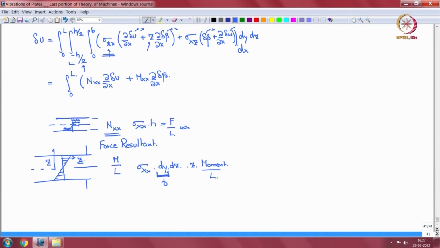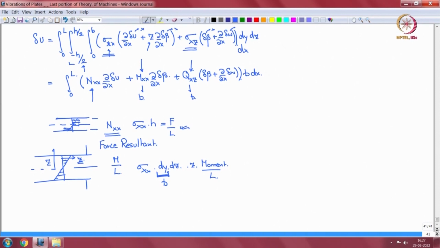It will be clear in just a moment. Similarly, the sigma xz integrated gives me qxz delta beta plus del x delta w. And the b comes outside, b dx. So mxx into b is a full moment, qxz into b is a full force. So this is a force resultant, this is a moment resultant, this is a force resultant.